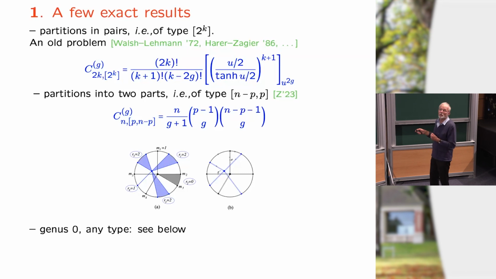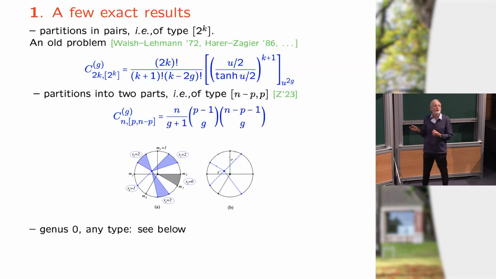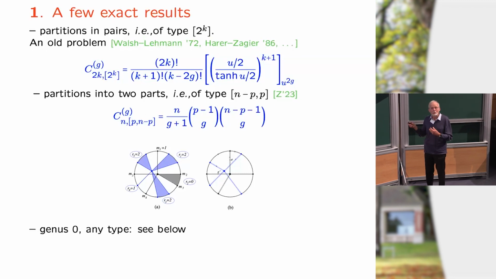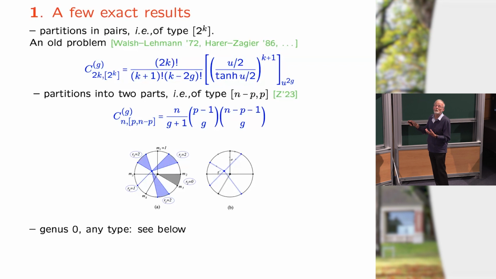And Harer and Zagier, much later, in the mid-80s, in a totally different context, namely the study of the moduli space of curves, or specifically what they call the virtual Euler characteristics of curves, were interested in this. They showed that it reduces to the problem of finding partitions into pairs, because that's really what it is.